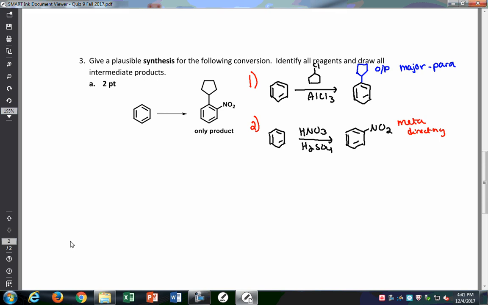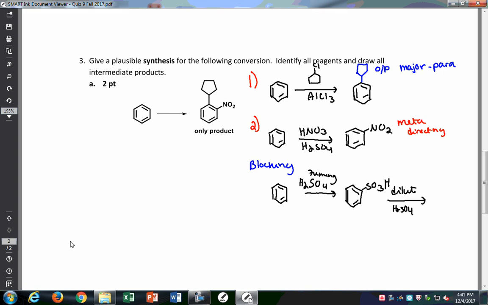And the best for blocking is really the most useful thing the SO3H group is for, because it's easy to put on and it's easy to take off. And that can block that para position. And then it's easy to remove by using dilute H2SO4.